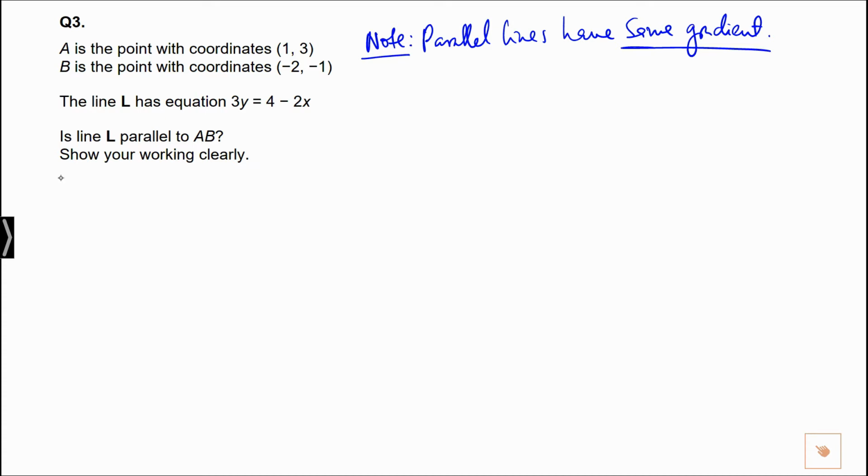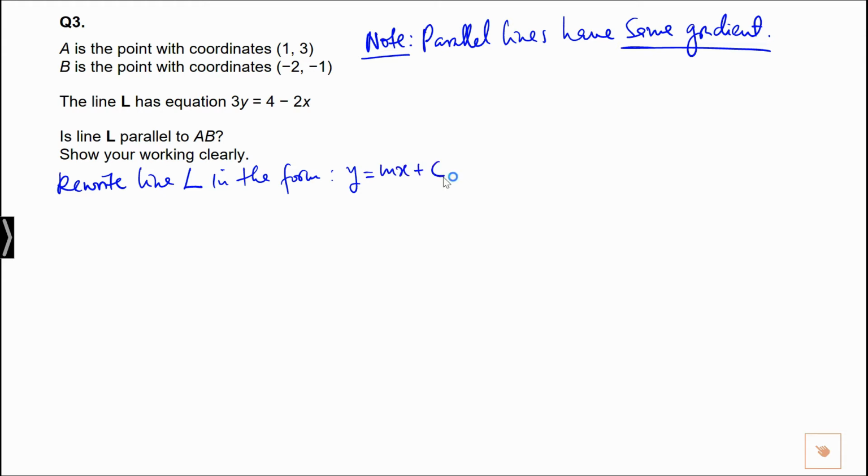Now what we need to do is rewrite line L in the form y equals mx plus c.